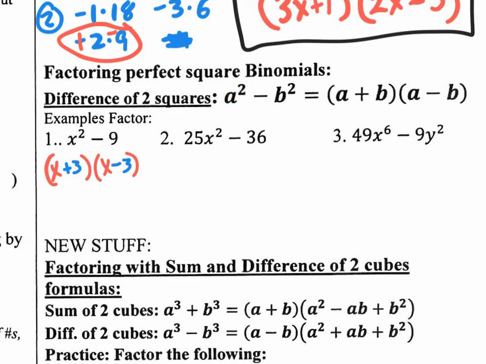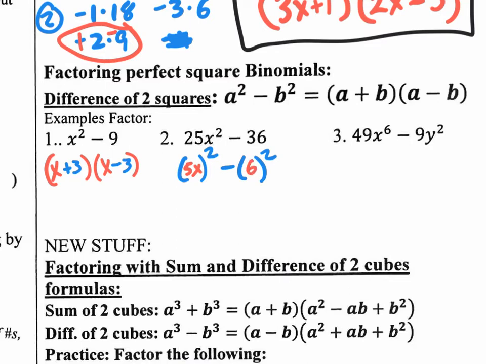So I'm going to rewrite this as something squared minus something squared. Now, what value could I put in here that when I square it will take me back to the 25x squared? 5x. And what value could I plug in here that when I square it takes me back to 36? 6.